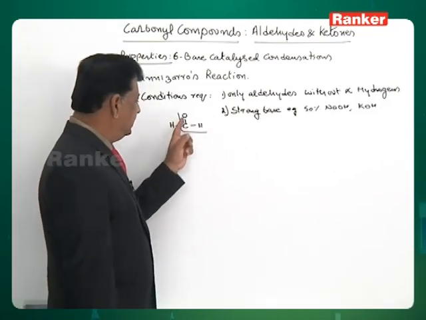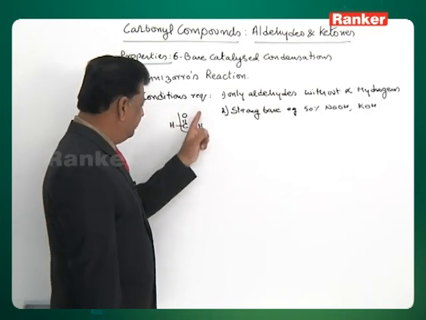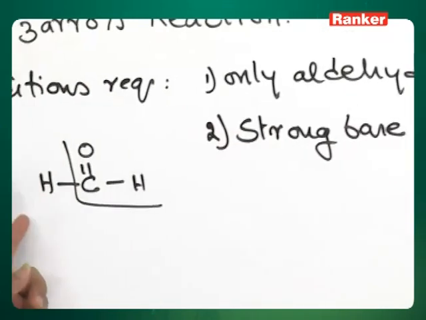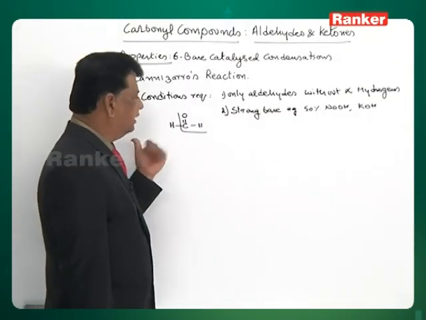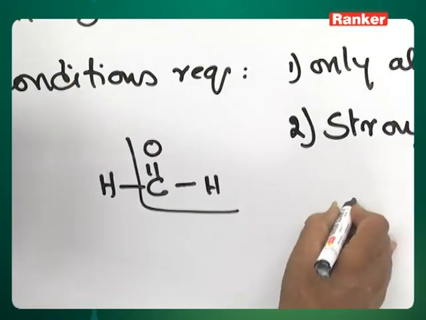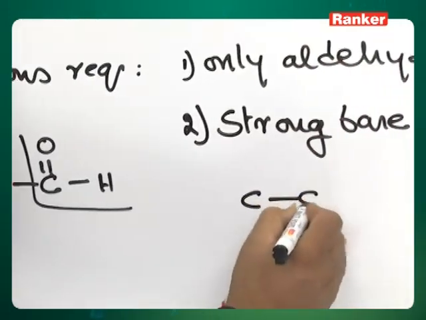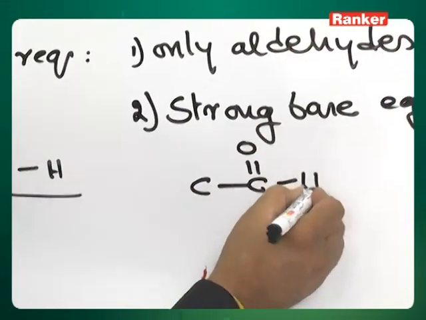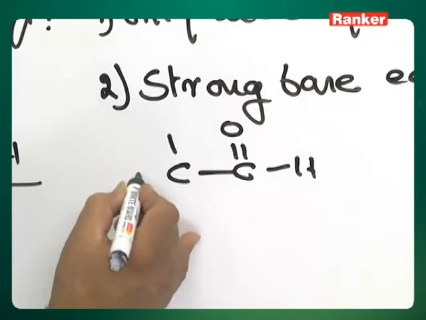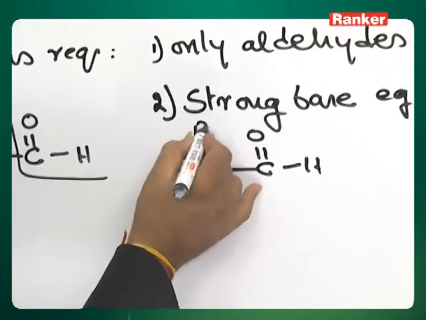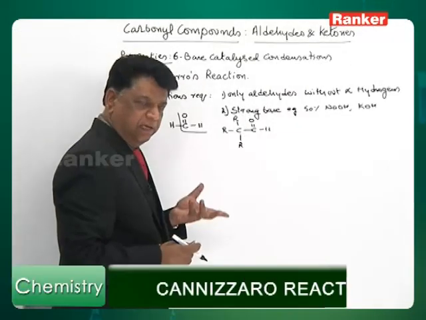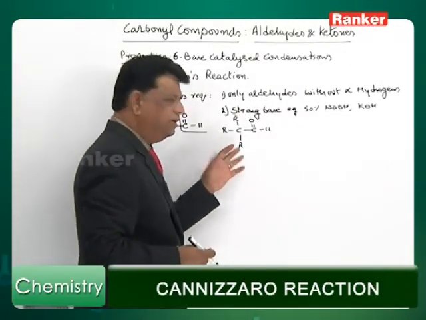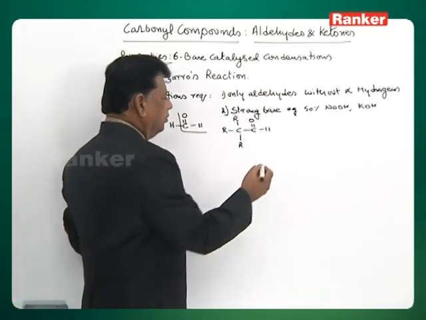Some examples of carbonyl compounds which undergo Cannizzaro: the first member of the aldehydes, that is HCHO. This is the aldehyde function. There is no alkyl group, so there is no alpha carbon, and the question of alpha hydrogen does not arise. You can have an aldehyde where the alpha carbon is there, but this alpha carbon has groups like all methyl groups, or all ethyl, or three different alkyls, no problem.